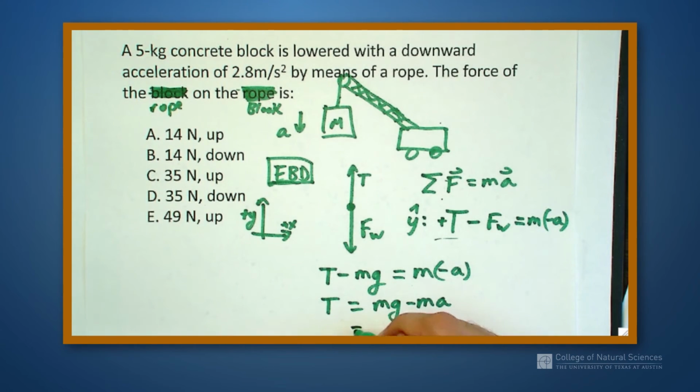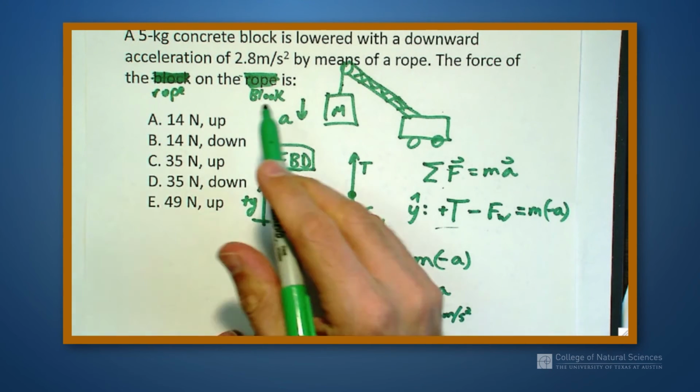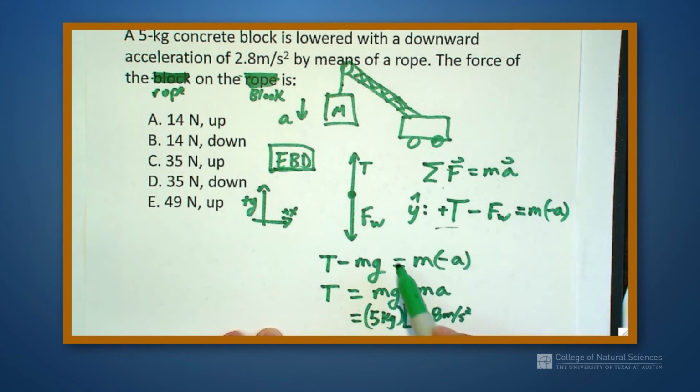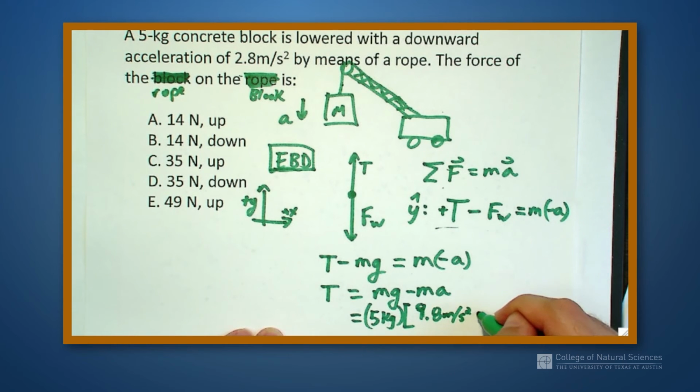When I plug in the numbers, I get 5 kilograms times the quantity 9.8 meters per second squared, because it's a positive value of 9.8. I included the negative sign to be the downward part of it. And I need to subtract off my downward acceleration of 2.8 meters per second squared.